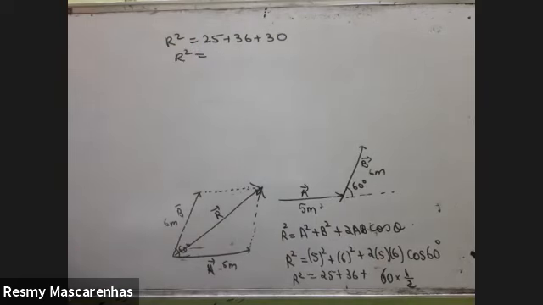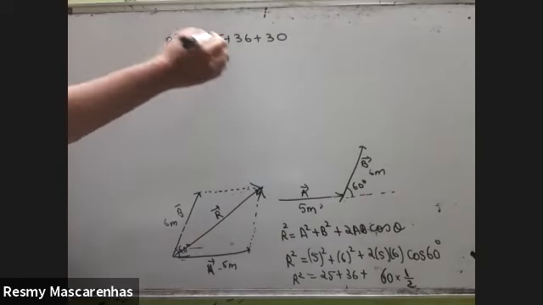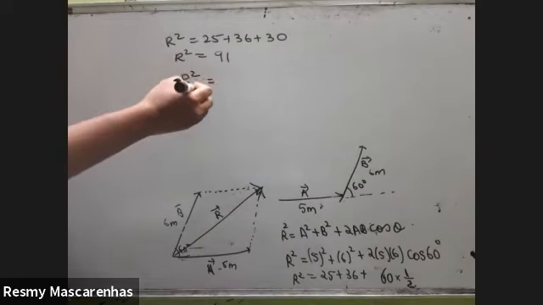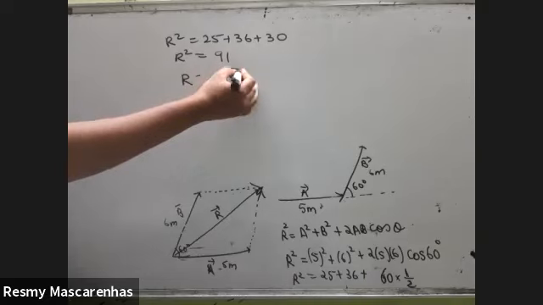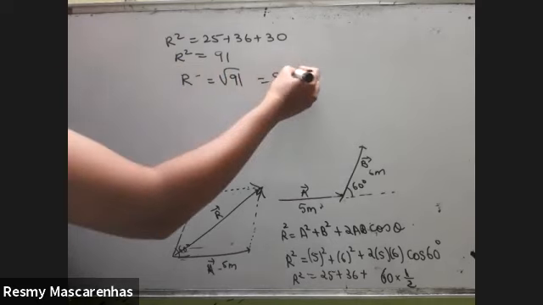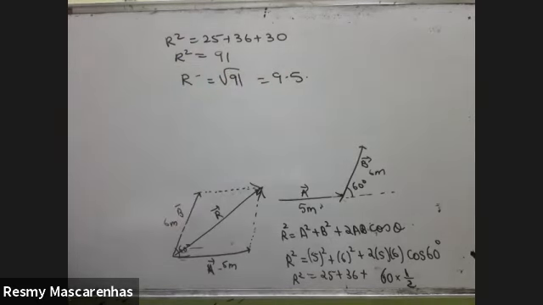So 36 plus 25 plus 30, that would be 91. So R will be root 91, approximately 9.5. So this will be the resultant.